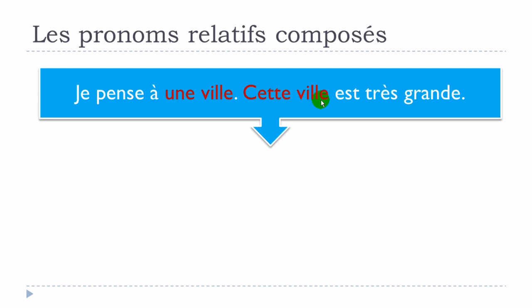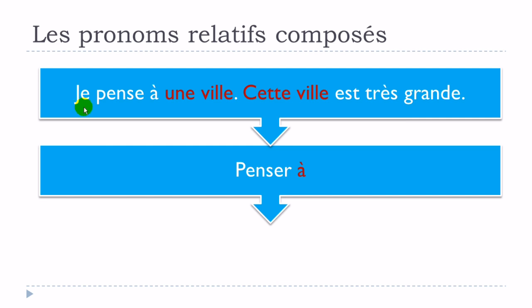The important thing here is that you will first have to spot the verb penser, and the fact that here you get this preposition à. Remember, we've got penser à, but the good news is that we've got une ville. It's feminine, so if you remember this à and laquelle, it's not tricky. I wanted to start with an easy example.